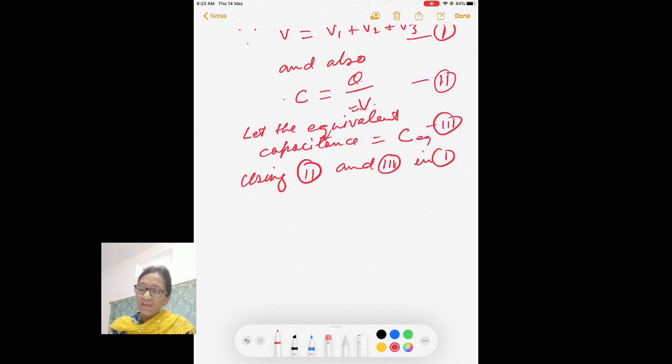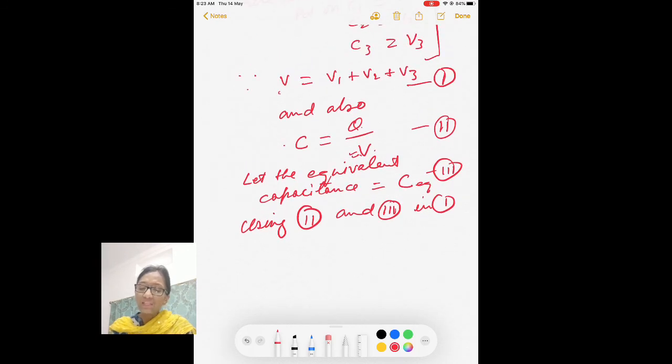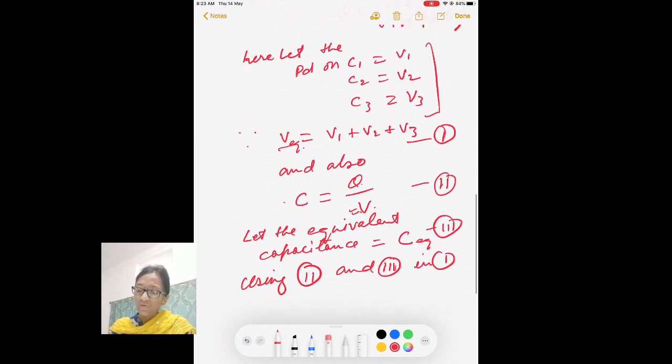So let me write it as C equivalent. In place of V, which is the equivalent potential difference, we will be writing Q upon C equivalent.